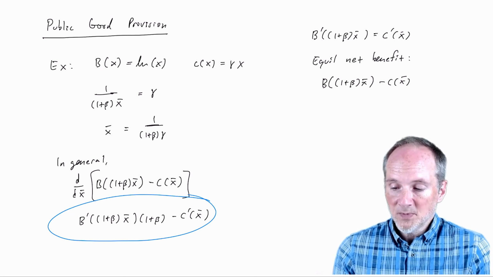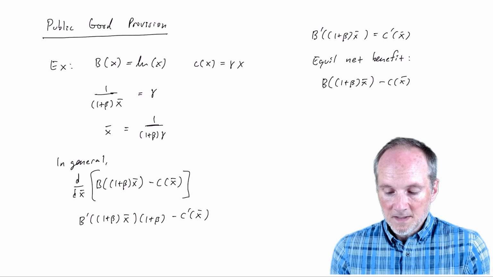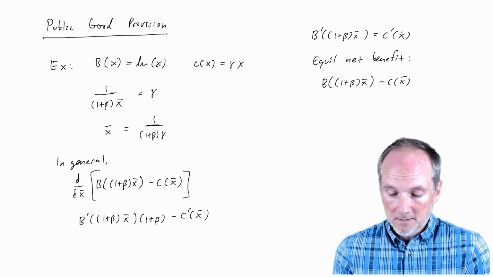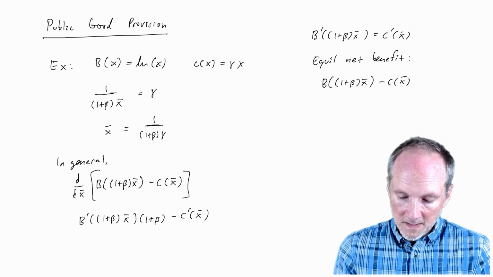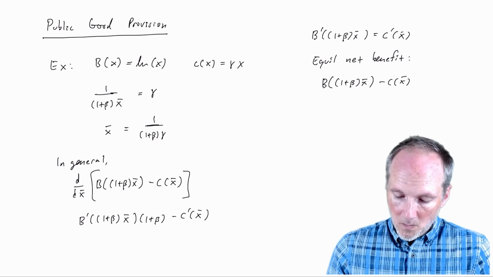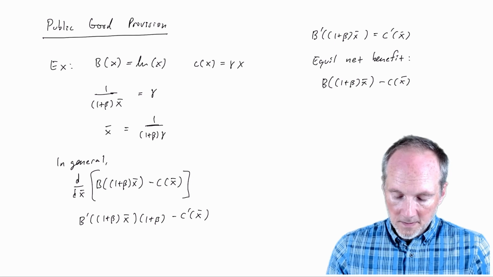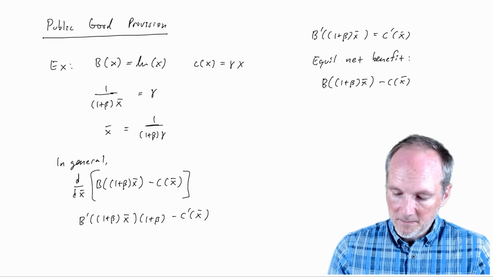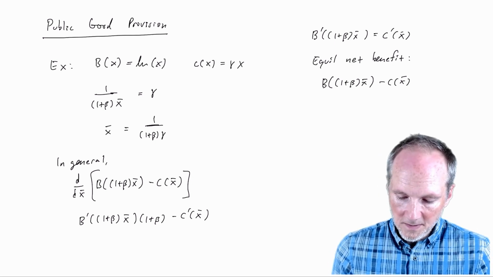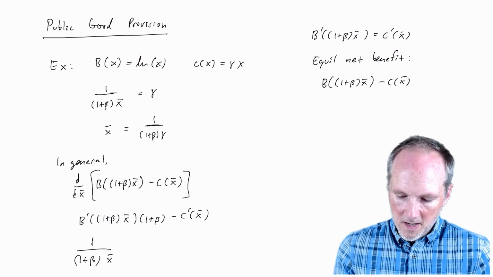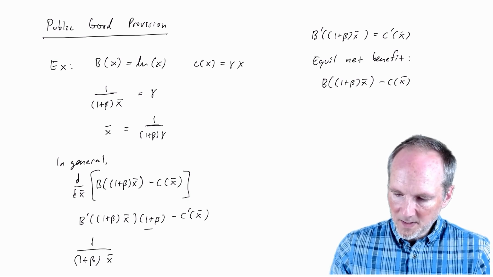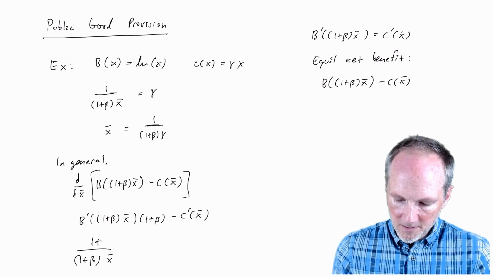In this example, you can just see that directly by plugging in. The marginal benefit is just the derivative of the log, so that would be 1 over 1 plus beta times x bar, and we're multiplying by 1 plus beta here.